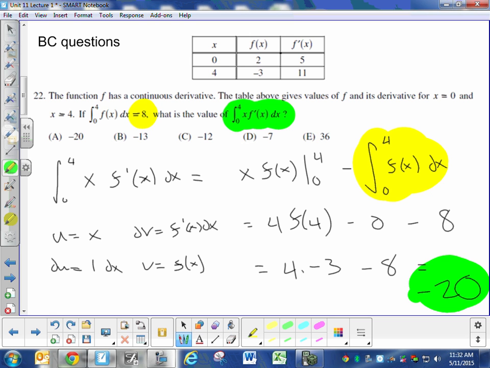Not that bad. Okay, just UdV. There's other problems just like this. This is a good problem.